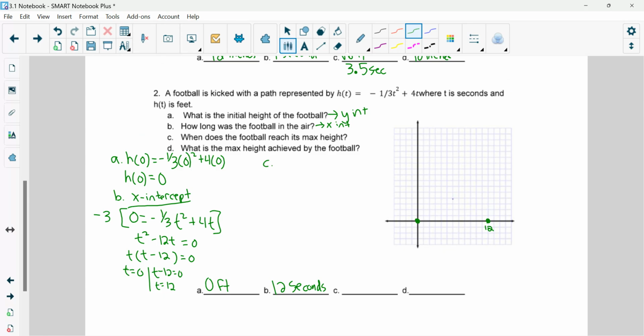Again, there are multiple ways you can go here. I'm going to find the average of the x-intercepts, and that would give me 0 plus 12 divided by 2. So 0 plus 12 is 12, divided by 2 is 6. So that's going to be my h value.